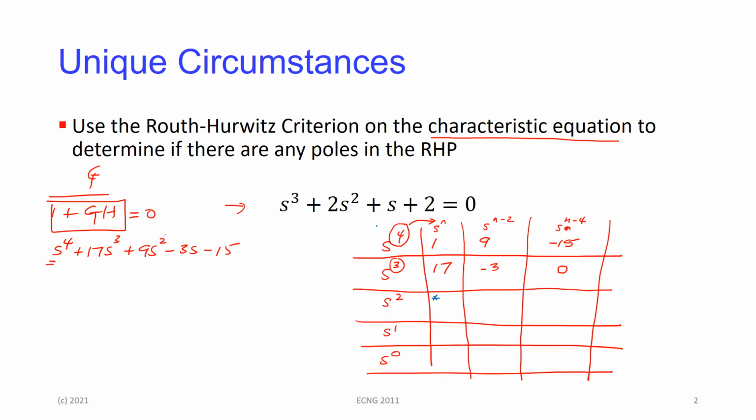We look at the s to the 4 and the s cubed, and we always start with these 2 values above. So this value here is going to be 17 by 9 minus 1 by minus 3, divided by 17, and you put whatever that value is. Here is going to be 17 by minus 15 minus 1 by 0, divided by 17, and you put this value b.